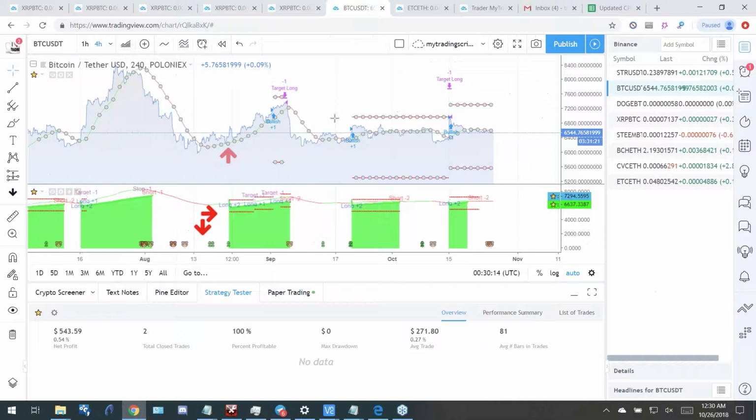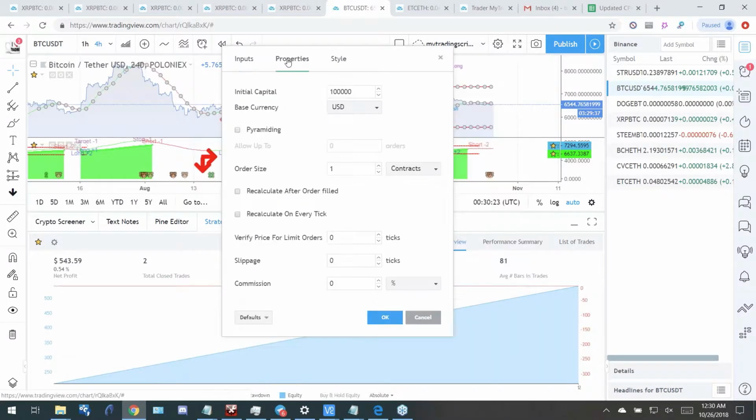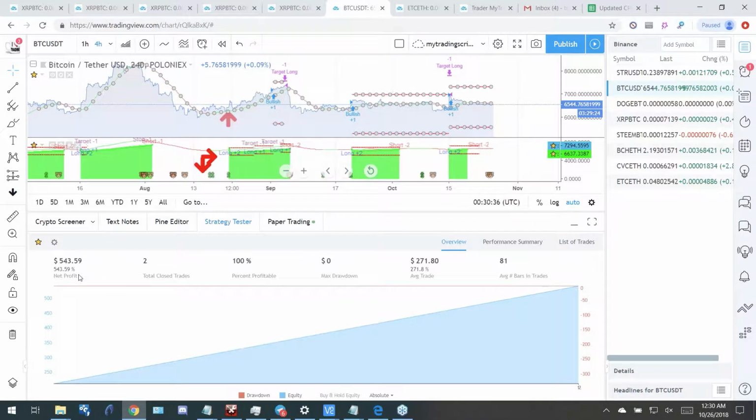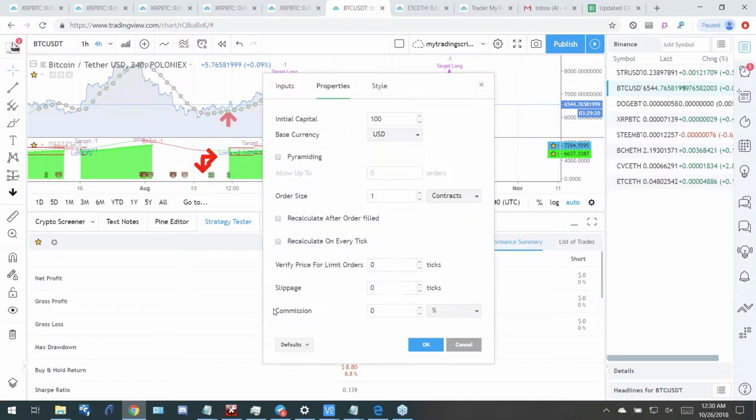So if I put $100 in there, then I would have profited 543. Yeah, and then the profit is not going to change. The percent is going to change. So when you change that, you have to go over here and look at percentage return on the account. I'm trying to figure out, if I put in $100, what would I have profited, like a certain percentage of that $100.